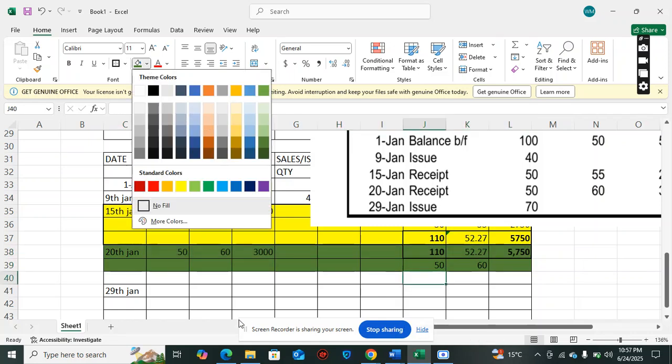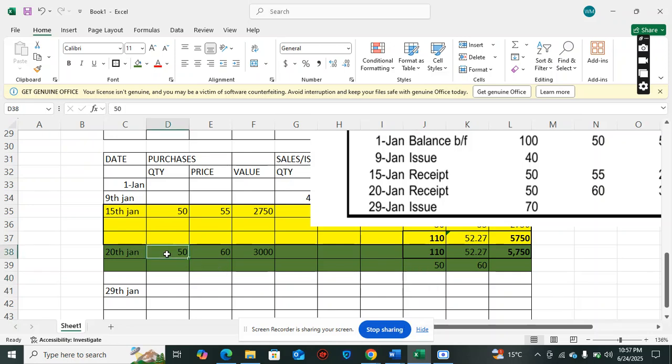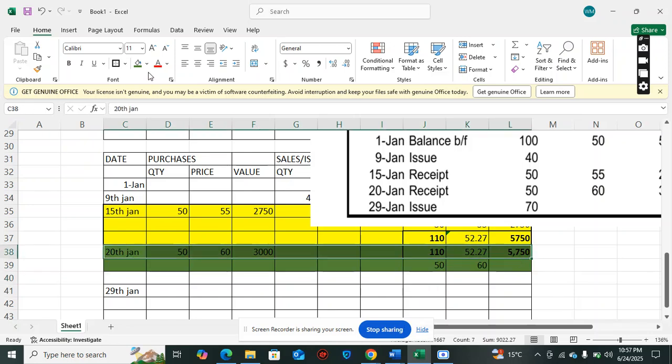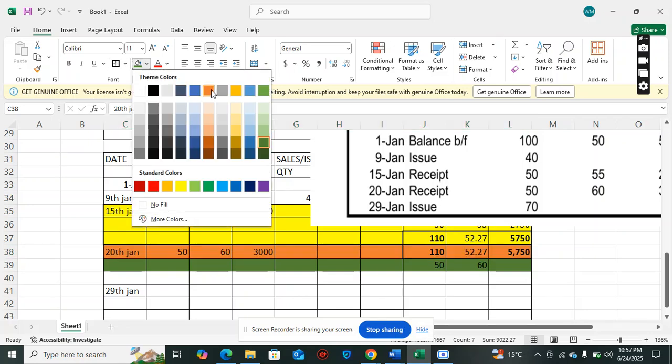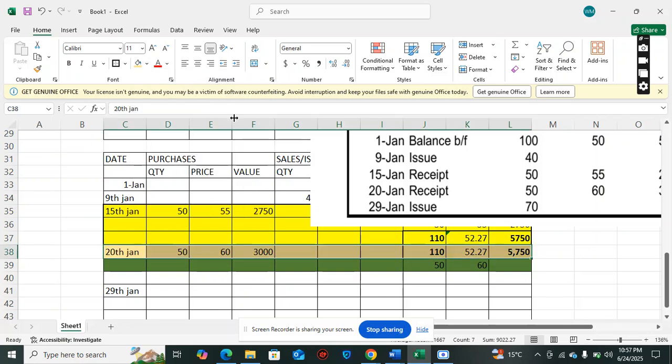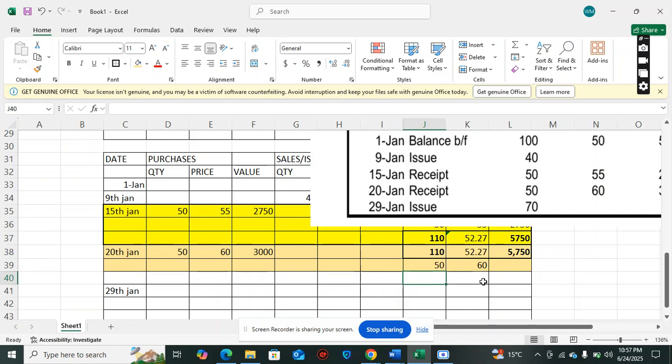Is it visible in this color? Let me change the color here so that we put it as a light color. Okay, yes. So again, we need to calculate the average. Okay, so you're going to say 5,750 plus 3,000, 8,750. That's the total cost of the inventory.